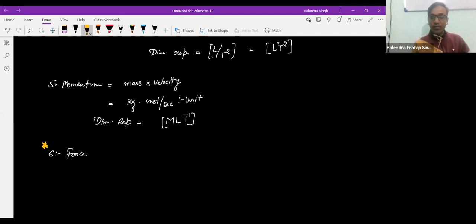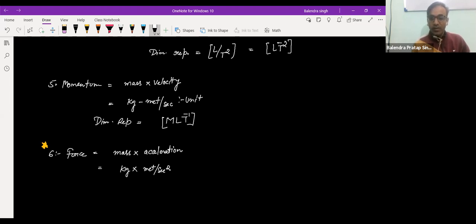The formula is mass into acceleration. So the unit is mass, kilogram, and as we discussed before, the unit of acceleration is meter per second square.